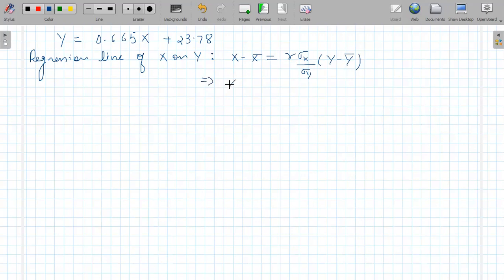This implies x minus 68, 0.6, 2.12 over 2.35, y minus 69, x is equal to 0.54. After solving we get this equation.